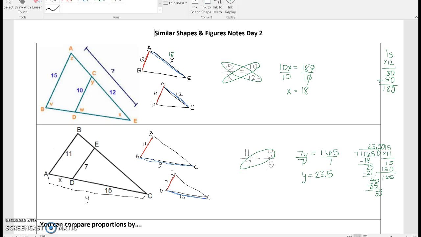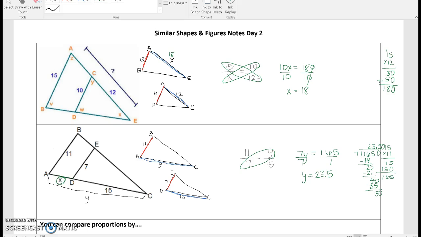Okay guys, so I got a decimal that continues, but we're going to go ahead and stop at the 10th place. So I'm going to stop at 23.5. But notice here, it's not asking for this whole amount. It's asking for this little piece, right?